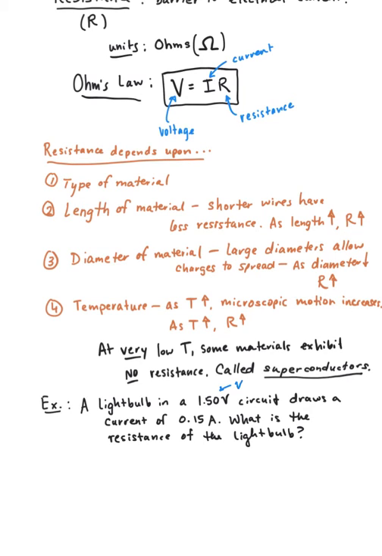So we've got a voltage, we've got a current, and we'd like to find R. Using Ohm's law, V equals IR, we can rearrange and solve for R. R is equal to voltage over current. Our voltage is 1.5 volts. Our current is 0.15 amps. 1.5 divided by 0.15 is 10. 10 ohms, where the unit for resistance is the Greek letter omega, ohms.